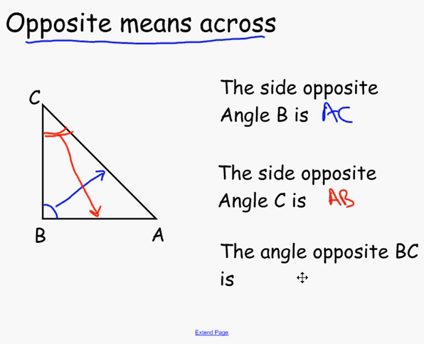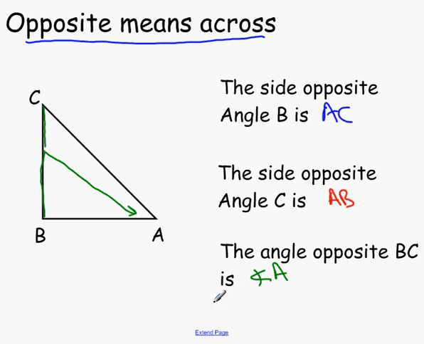The angle opposite side BC, so here is side BC, and let me erase all this just so it doesn't get too cluttered. Here is side BC, and the angle opposite from it, so you wouldn't go this way because this is not an angle. The angle opposite from side BC, you'd go this way, is angle A.